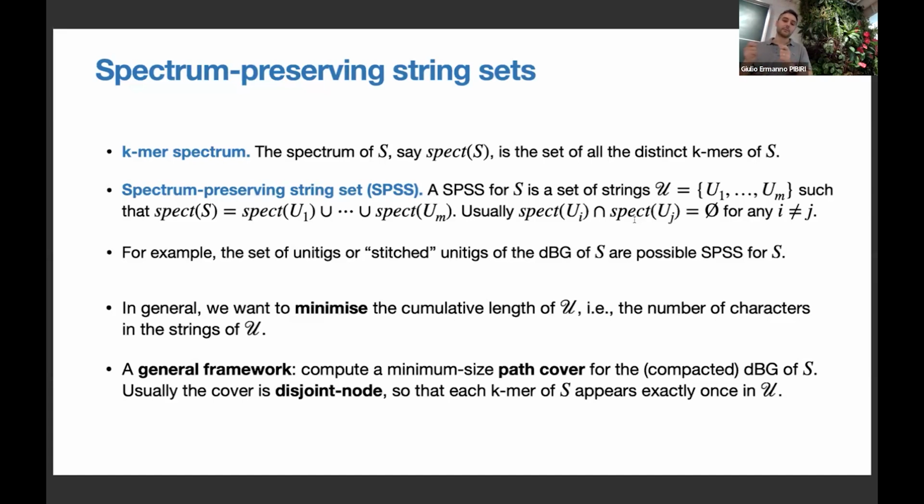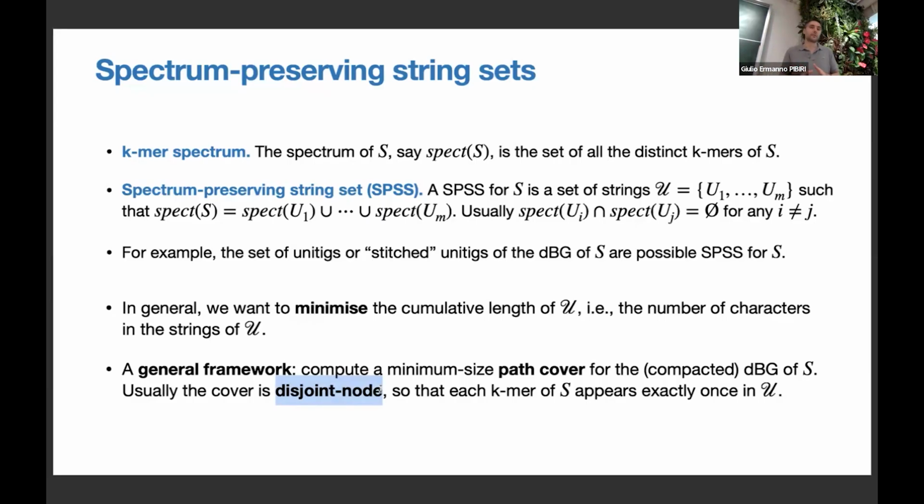And of course, depending on what exactly you do, you obtain different SPSS with slightly different properties. And again, one nice property to impose is that the cover is disjoint node, which means that you're not allowed to revisit one node more than once.